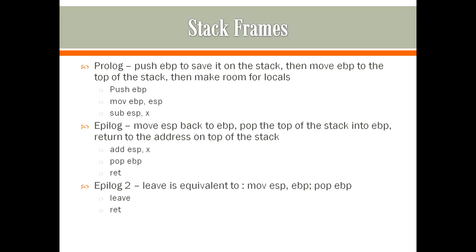The epilogue involves moving ESP back to EBP, popping the top of the stack into EBP, and then returning to the address on top of the stack. The epilogue may simply involve a leave instruction, which is equivalent to move ESP, EBP, and then pop EBP.